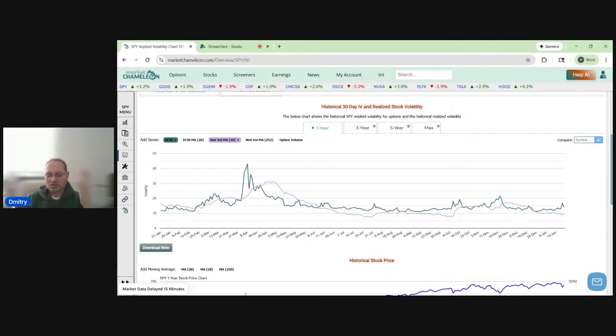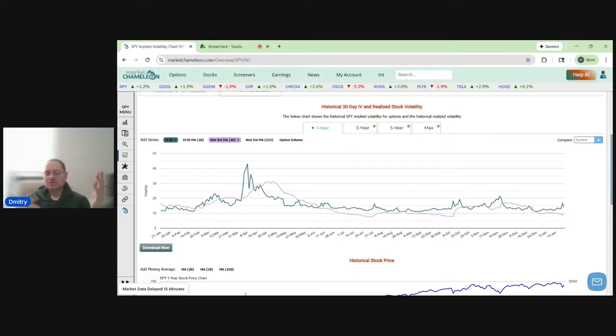So if we used just the last 20 days and said, well, if the stock moved at 20 vol, what is the market implying for the next month's volatility? And this lets us see how far apart they diverge historically, and do they tend to move closely to some metric?